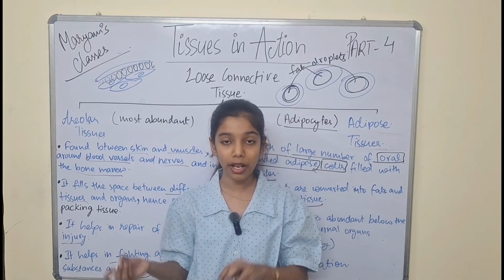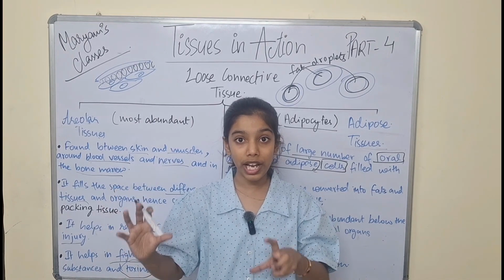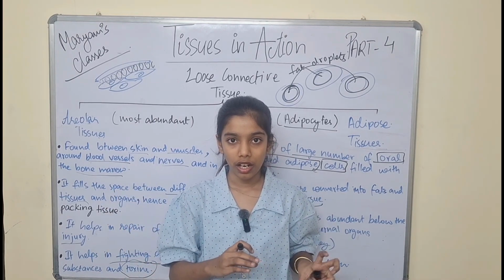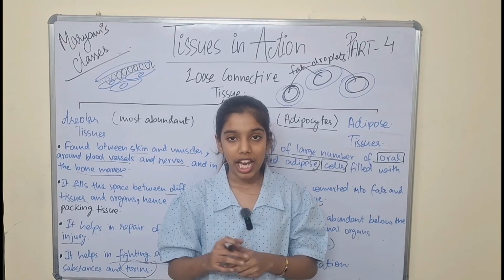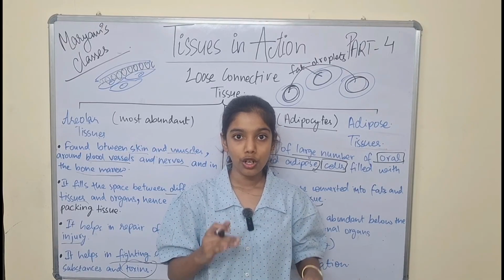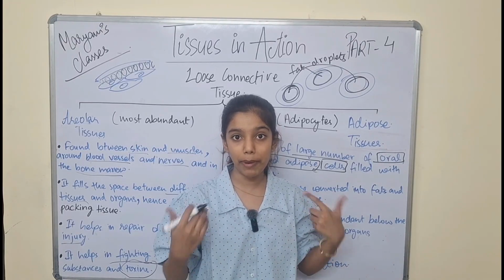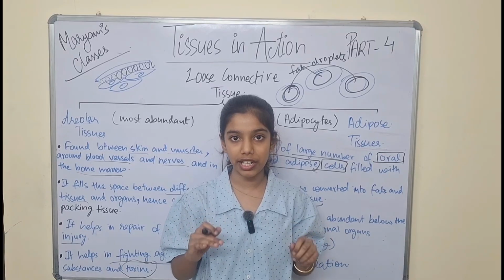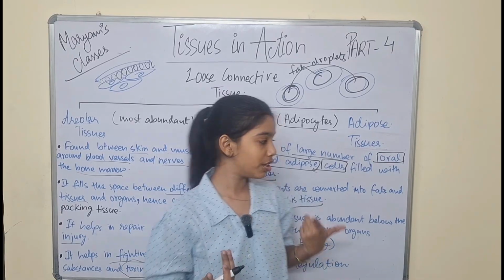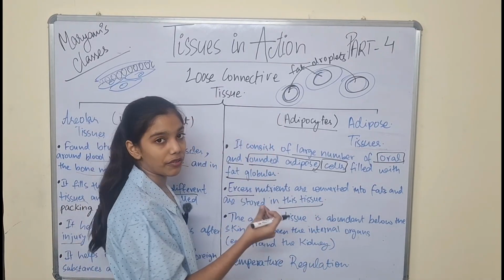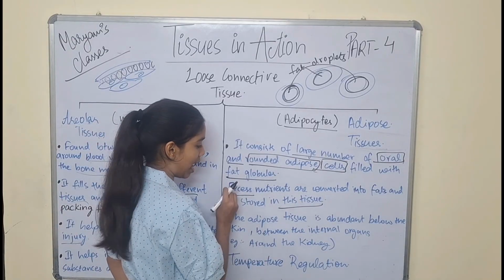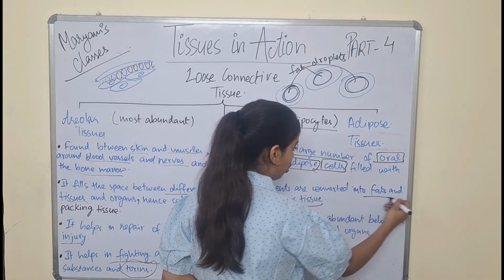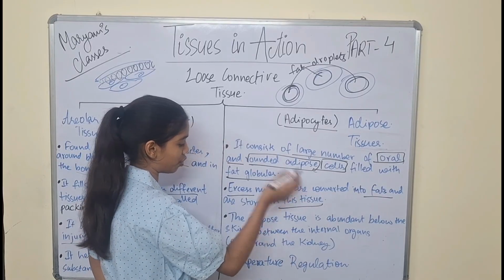Because they store that fat as energy to provide us energy whenever we do not get food. If someday we do not get food, this fat helps us stay energetic. So that's why storing fat is essential. The excessive nutrients are converted into fats and stored in these tissues.